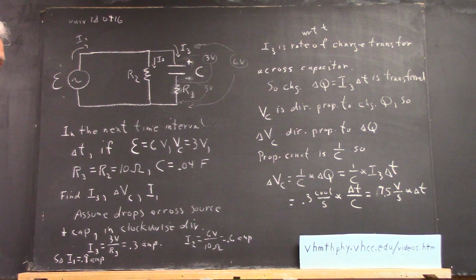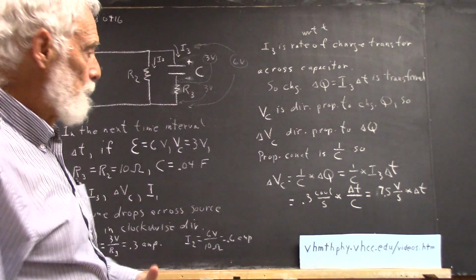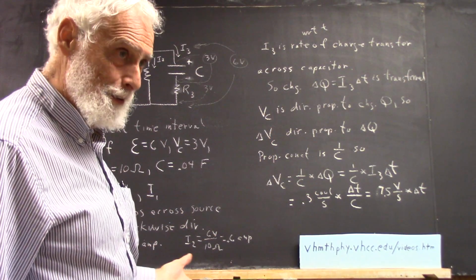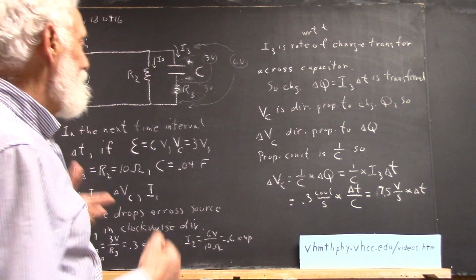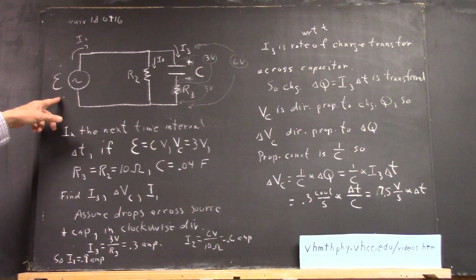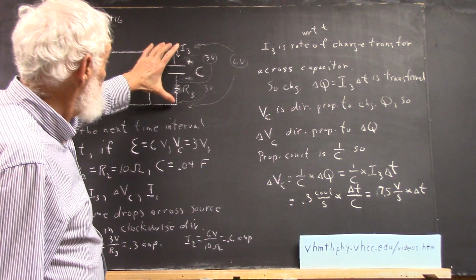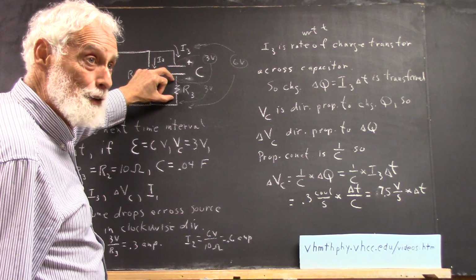Now, we don't count on that lasting for very long. Matter of fact, we don't count on it lasting for any finite time. Because since the voltage in the capacitor is changing, even if this thing was constant, this voltage across the resistor would be changing as a result of this.